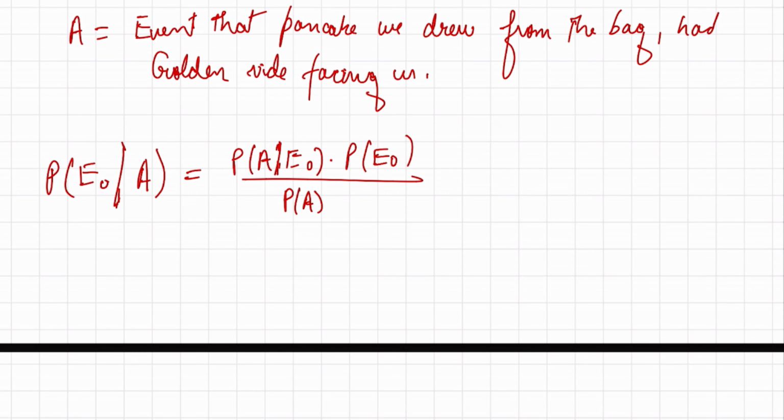So let's first apply the law of total probability on this unconditional probability of A.